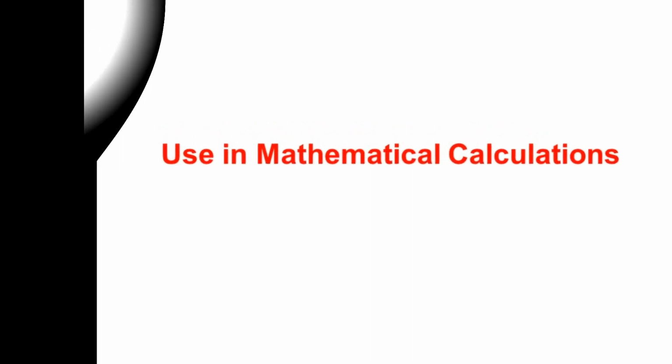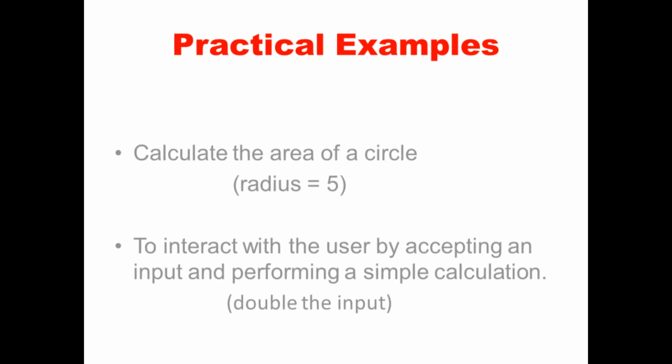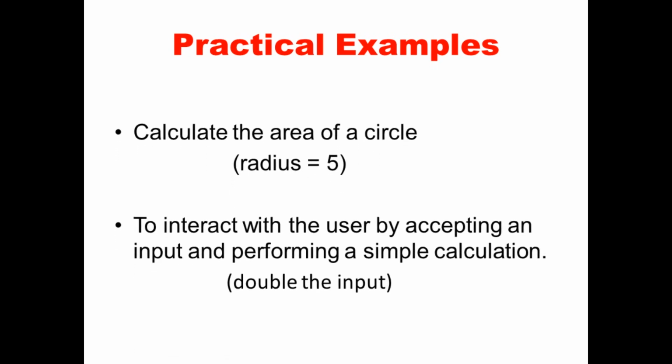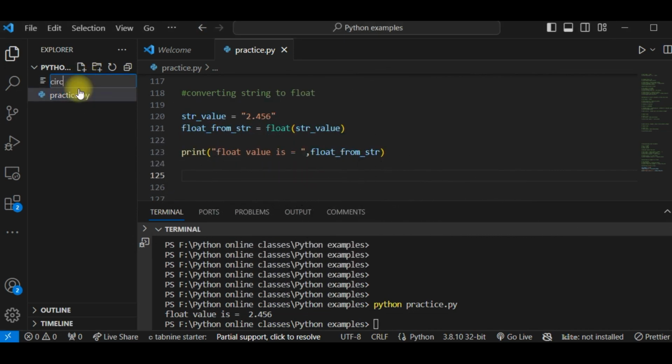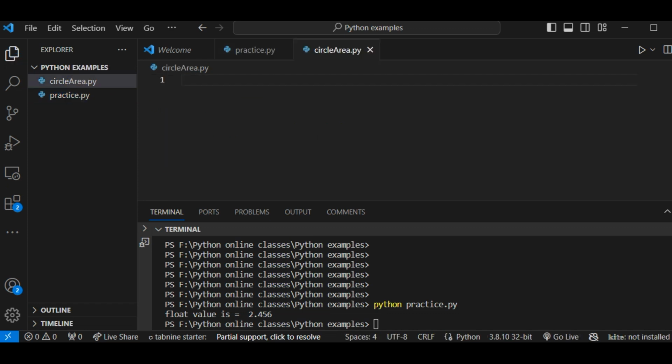Next, use in mathematical calculations. Floats are primarily used in mathematical calculations where they can participate in various operations. Let's solve some practical examples to see this. Here we want to calculate the circle area. Let's take a radius of 5.0 and a value of pi equal to 3.14159. For mathematical precision, we are using the commonly approximated value of pi, which is 3.14159.